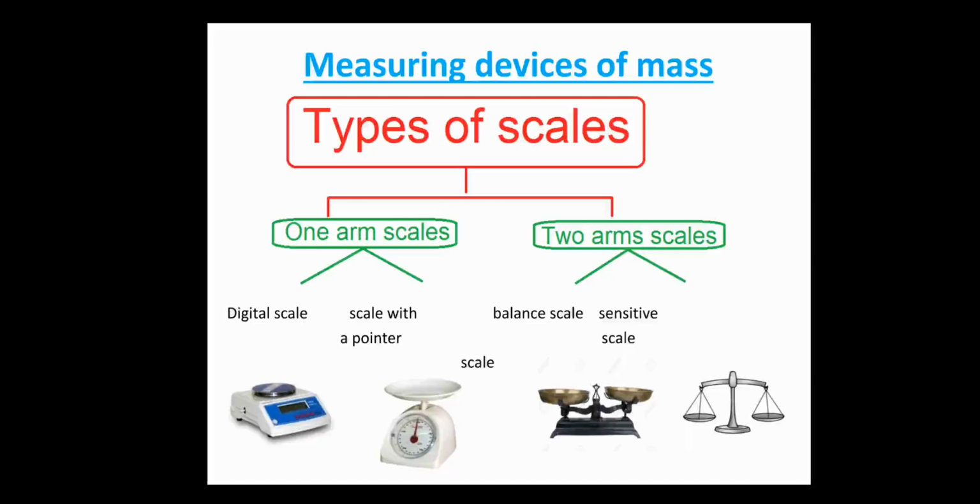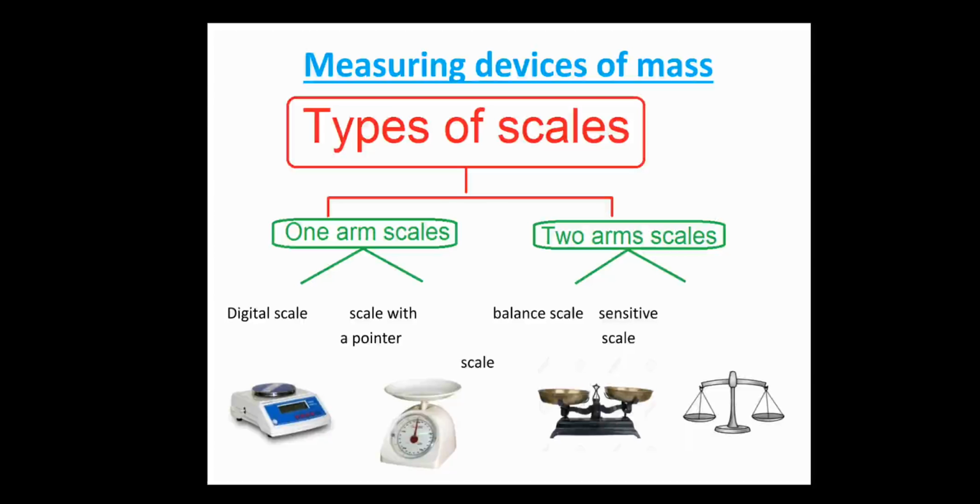Two-arm like the balance scale and sensitive scale. The digital scale is used to measure small masses, but the scale with the pointer is used to measure large masses. The balance scale is used to measure large masses, but the sensitive scale is used to measure small masses.